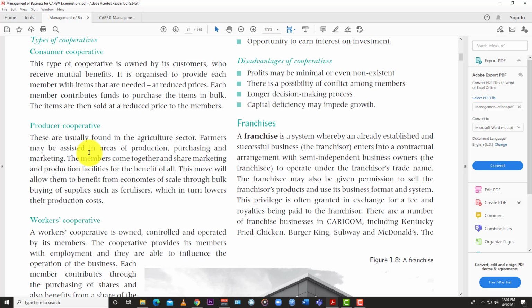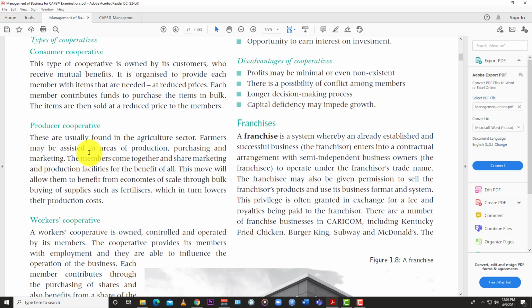You come together, all of you producing similar things, because you require the same inputs and you have basically the same market out there, instead of competing against each other and then one left out in the dark. You come together and you market your stuff together, sell your stuff together. And the reality is, especially for agriculture, a lot of business places like hotels and supermarkets love to deal with one entity.